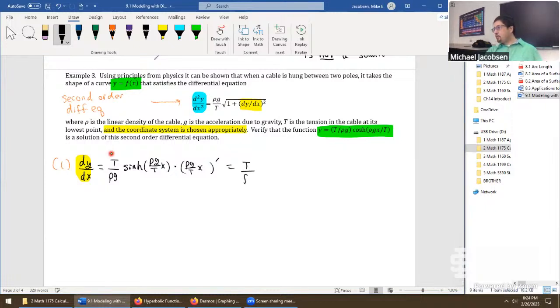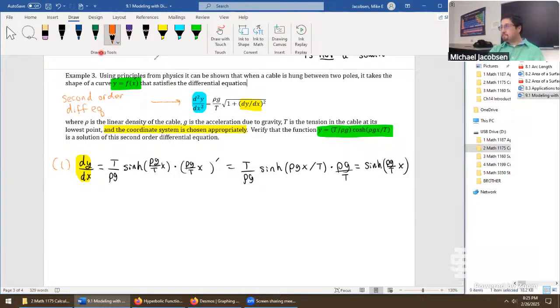So t over rho and g, hyperbolic sine rho g xt, I'll write it sideways there to save some vertical space, maintaining that notation, times rho gt. Here we have a huge cancellation of all the constants, and it's just that hyperbolic sine of rho g. Now I've run out of horizontal space, so I'll go in the more vertical notation here. We did it, folks, that's step one.